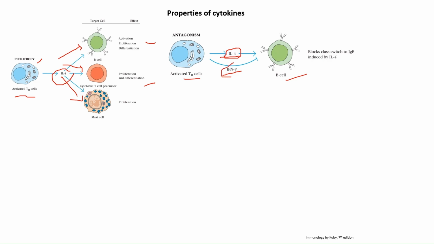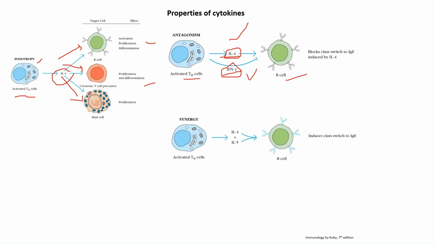So interferon gamma is blocking that process. So both the cytokines are secreted by one particular cell. They have only one particular target cell also, but both the cytokines secreted by this particular cell have an antagonistic effect. One cytokine is helping in the differentiation of B cell, another cytokine is blocking that differentiation. So this is known as antagonistic effect.